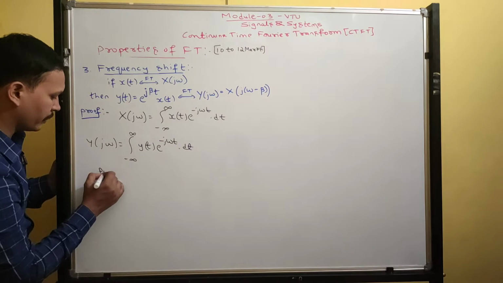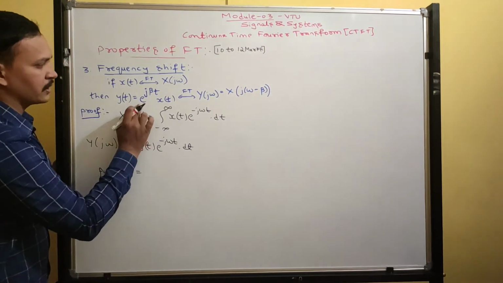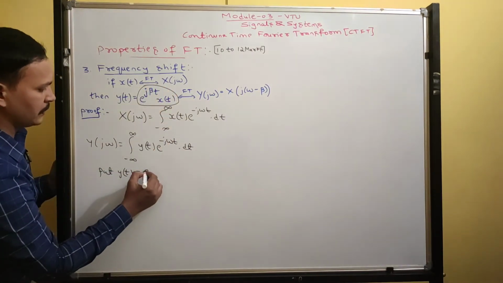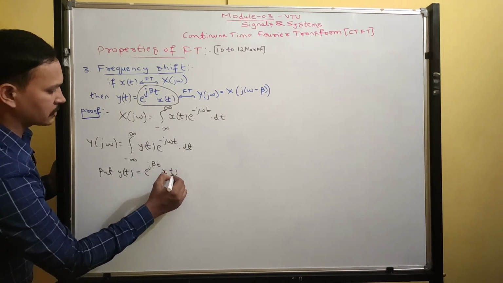Now put y of t. What is y of t given? It is e power j beta t into x of t.